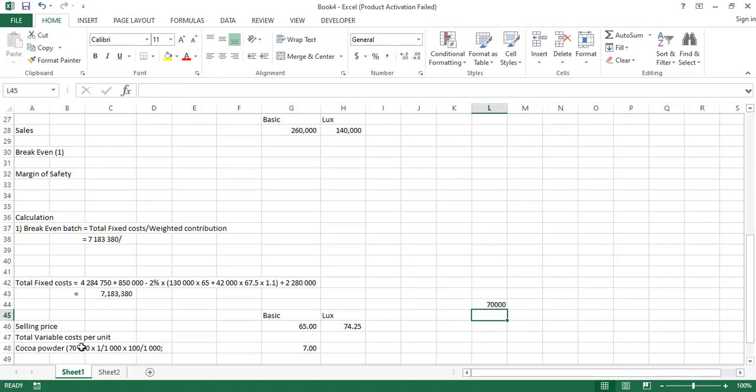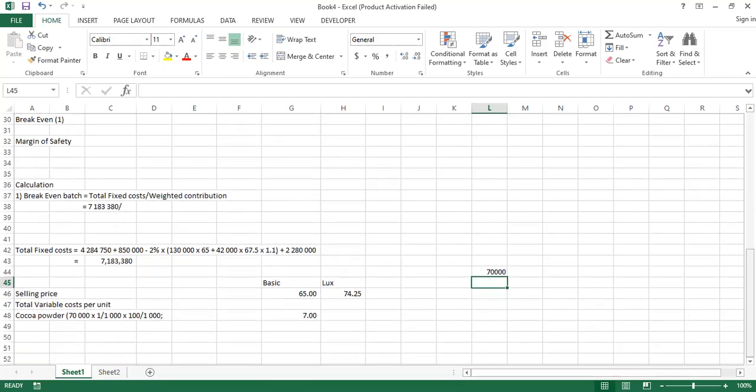If we're saying this is 70,000 per ton, how much will it be per kg? You would expect it to be less. And then again, 100 grams, we want to put it in kgs also. Then you're going to divide that 100 grams by 1,000, which will give you 0 point something kgs. So this is what you get on that there.